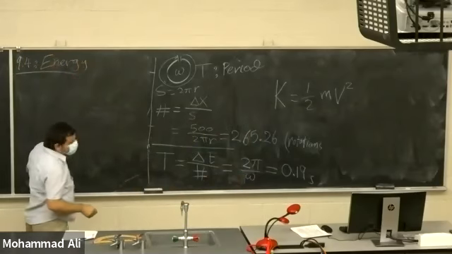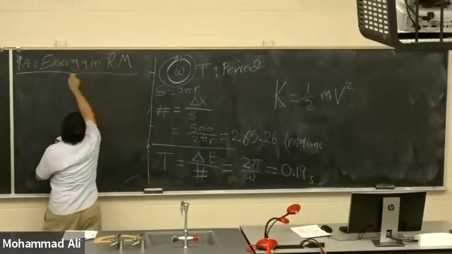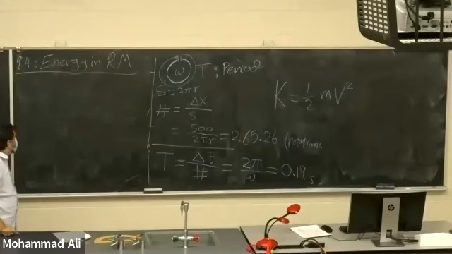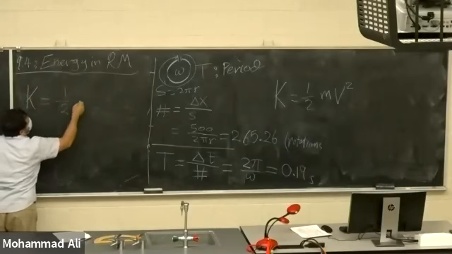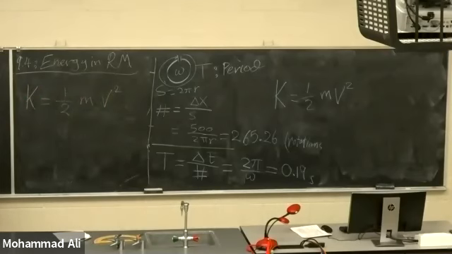Energy and rotational motion. We are talking about the kinetic energy. Kinetic energy is equal to half mv squared. It is well known.